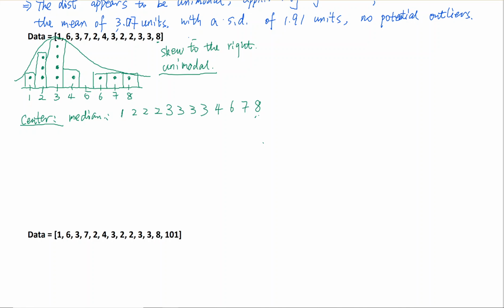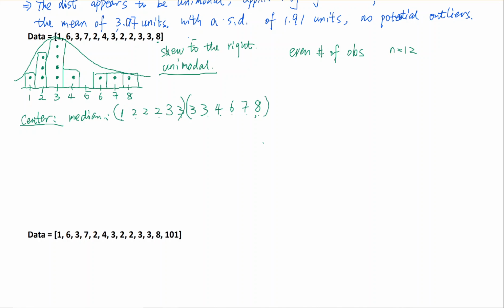Right, now we need to find the middle value, right? So let's count how many observations here. 1, 2, 3, 4, 5, 6, 7, 8, 9, 10, 11, 12. So we have an even number of observations, n equals 12, that means we have 6 in the first half, 6 in the second half, right?